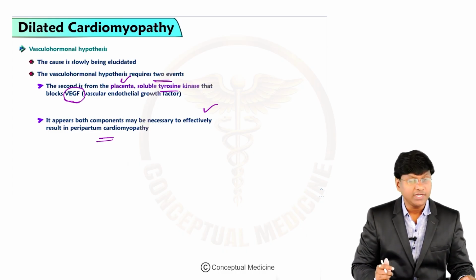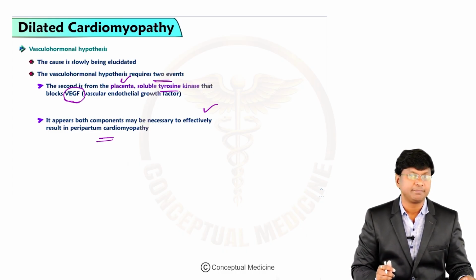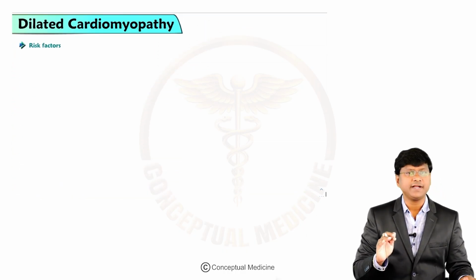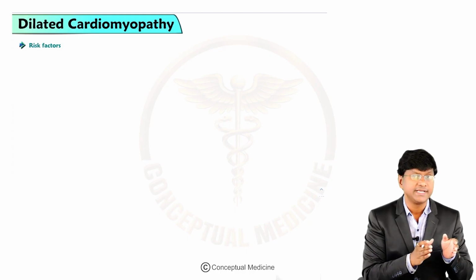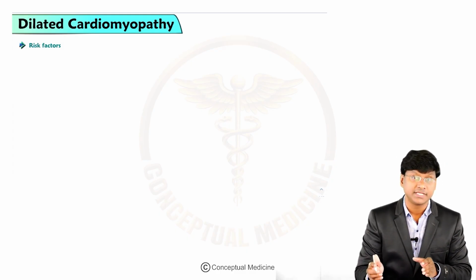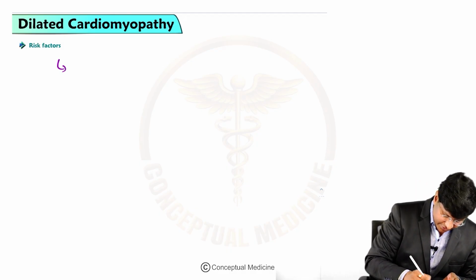Now, what are the risk factors for the development of peripartum cardiomyopathy? Number one, it usually occurs in multiparous females after the age of 30 years.